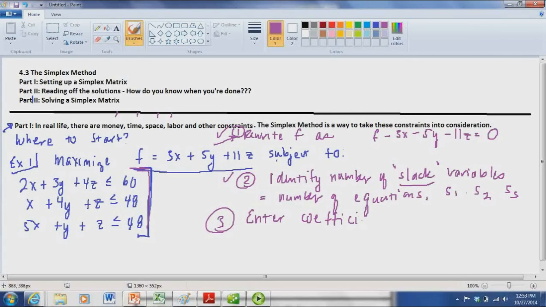So we're not going to put x, y, z. So enter your coefficients, and your slack variables, using ones and zeros as fillers.